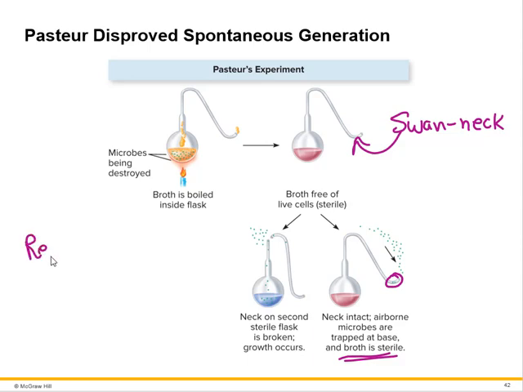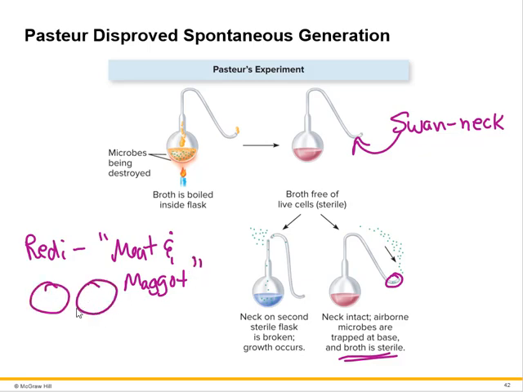There was a guy named Redi, who was the meat and maggots guy. He had some meat and put it into two little containers, one covered and one not covered.